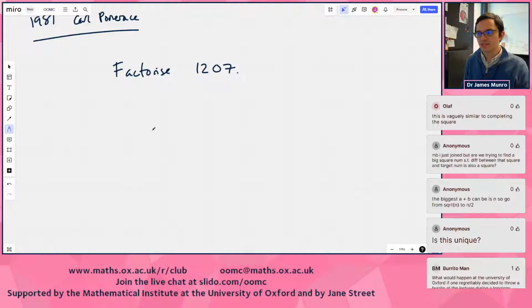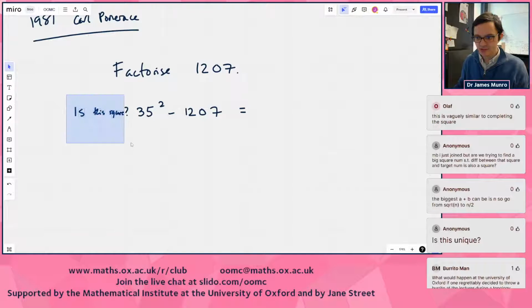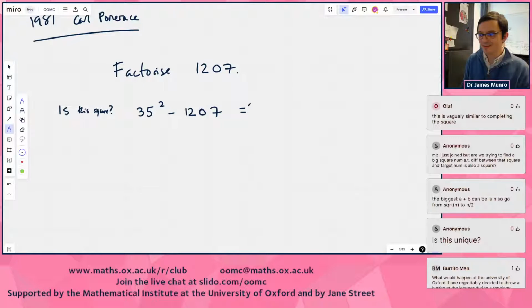So the algorithm says something like: is 35 squared take away 1207 a square? And I go and do some maths, right? I go and calculate that, which is not too bad. 35 squared is 1225, take away 1207. I am reading off a little bit of paper. That's 18, which is not square.